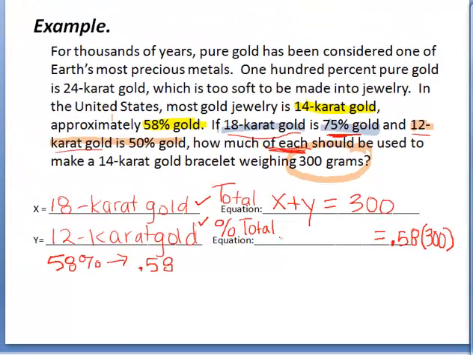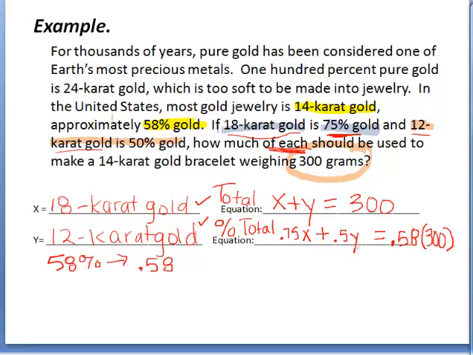Convert that to a decimal, so it's 0.75 times every X. So every 18 karat gold is going to get multiplied by 75%. And then the 12 karat gold is 50%, so I'm going to add to that 50%, which is just 0.5 as a decimal, 0.5 times Y. Alright, so here are my equations.